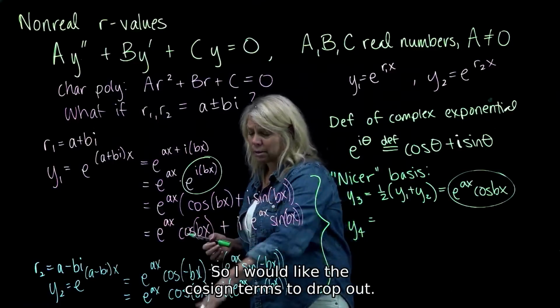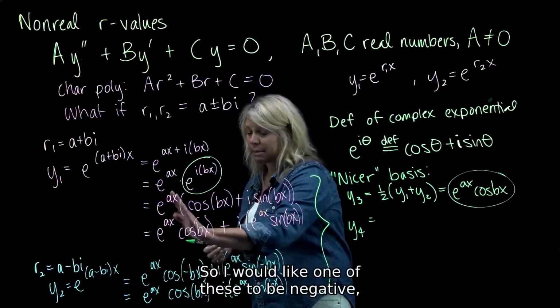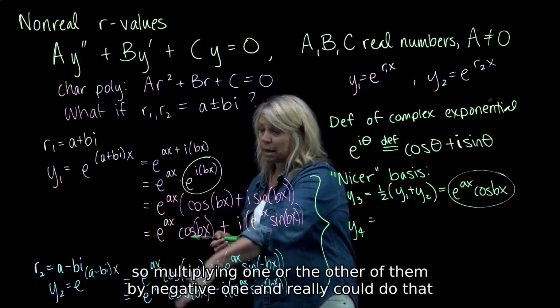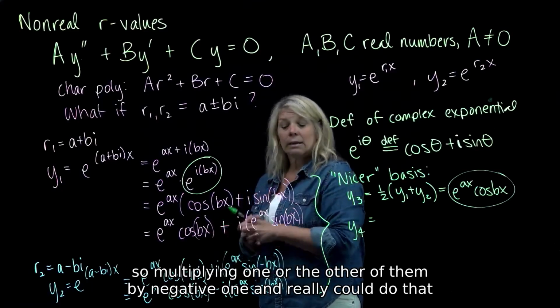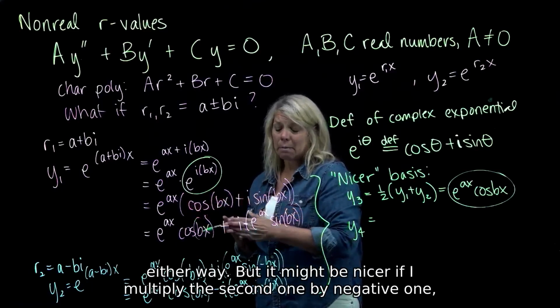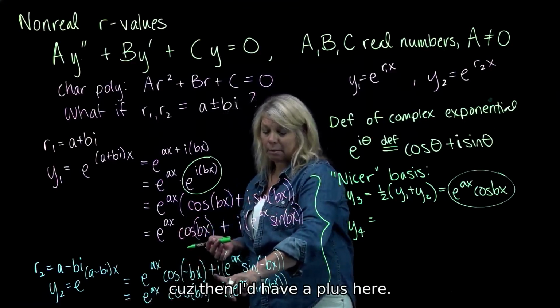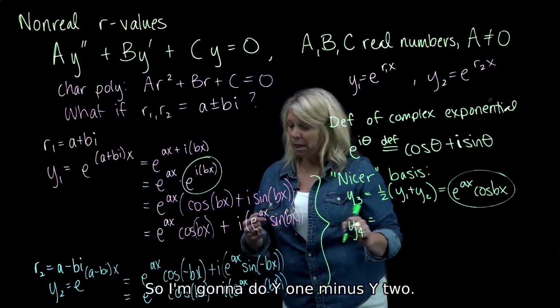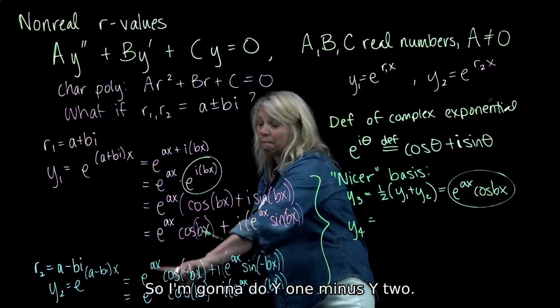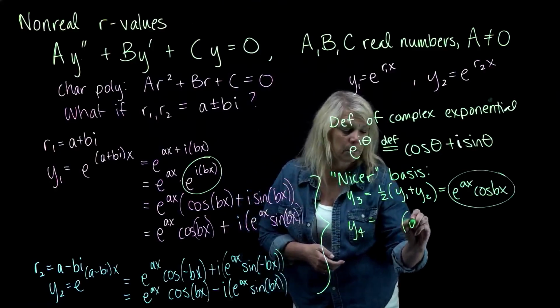All right, so I would like the cosine terms to drop out, so I would like one of these to be negative. So multiplying one or the other of them by -1. And really you could do that either way, but it might be nicer if I multiply the second one by -1, because then I'd have a plus here. So I'm going to do y1 minus y2.